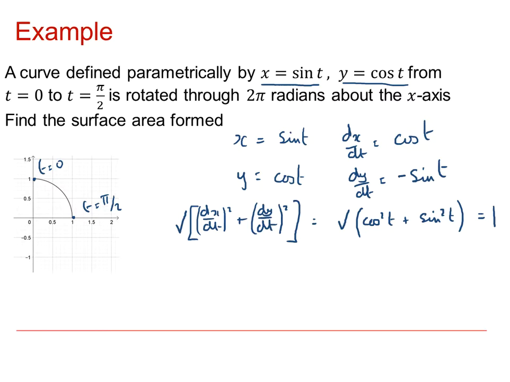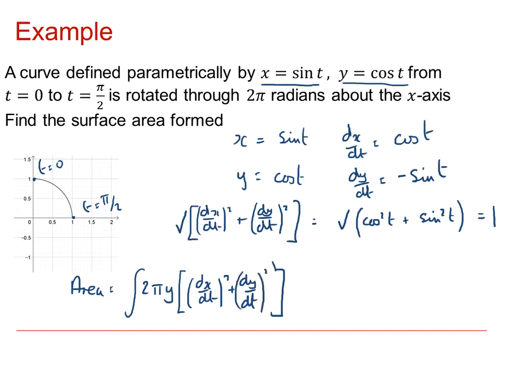So when we work out the area, which is the integral 2 pi y, and then our expression for the square root of dx by dt all squared plus dy by dt all squared dt, then we can substitute for y as being cos t and for the square root as being 1.